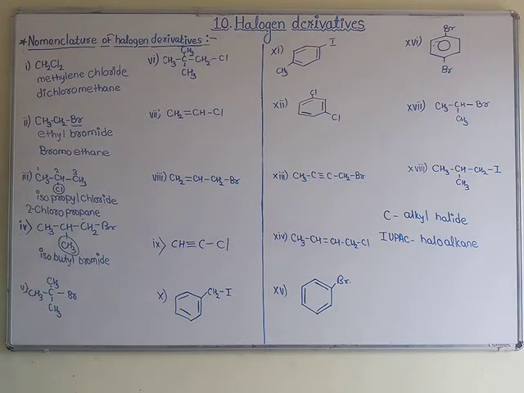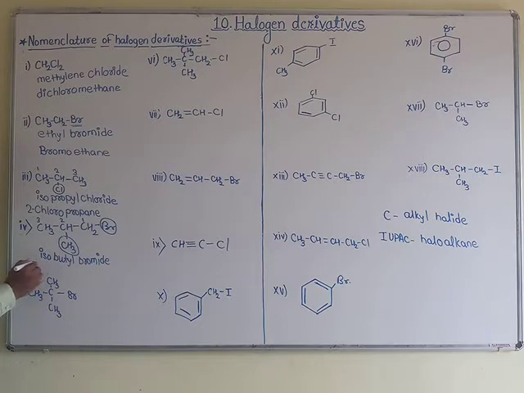To give the IUPAC name, numbering must be from right to left. Here numbers are given only to the carbon chain, not to the halogen. So what is its IUPAC name? Two substitutions are present, the halogen and the CH3 group, that is alkyl.